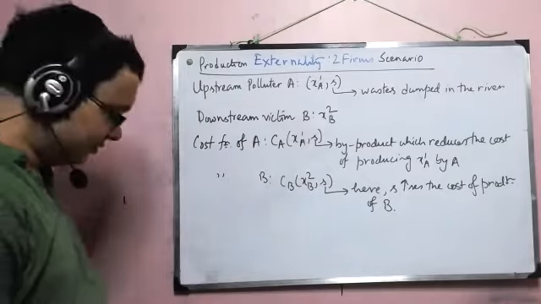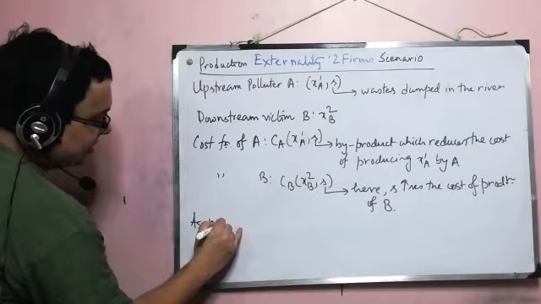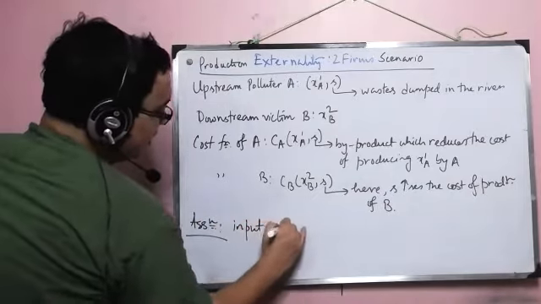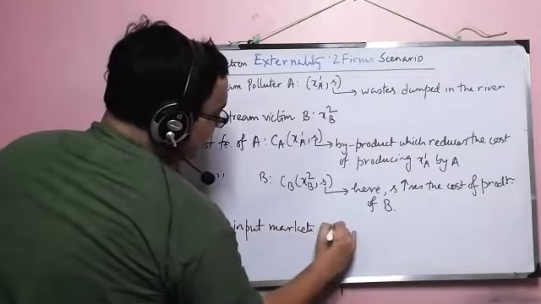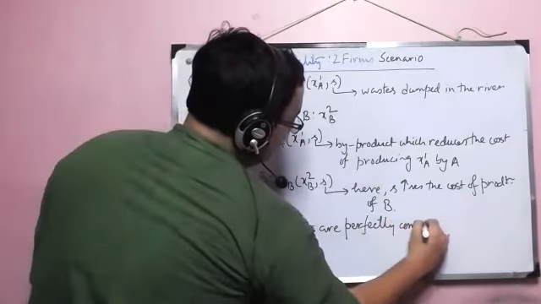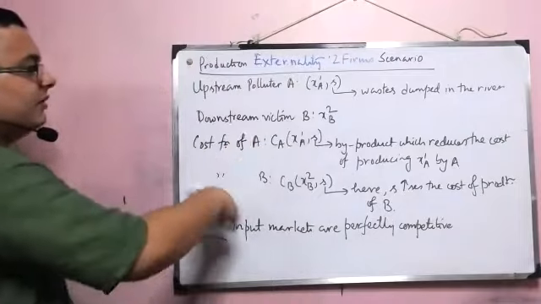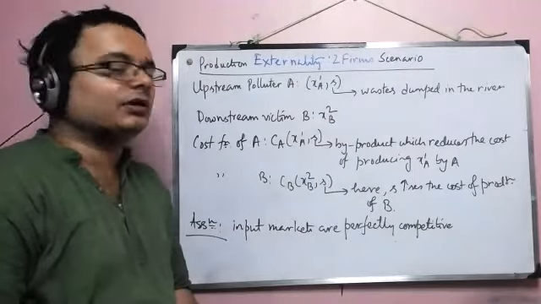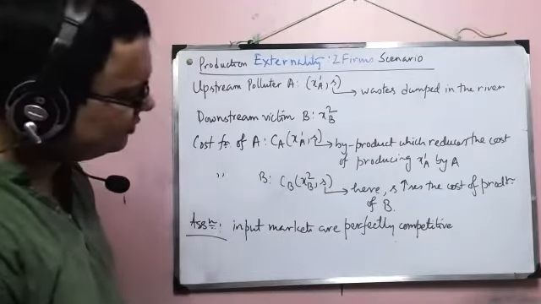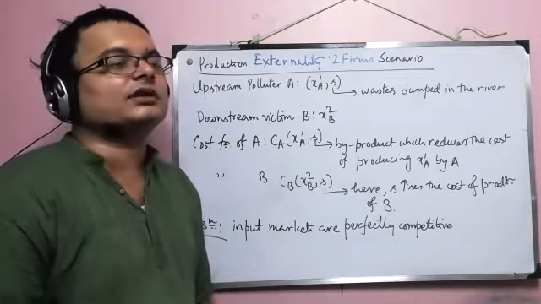Now, to simplify our problem, we'll make an assumption, and the assumption is that input markets are perfectly competitive. In the world that we have constructed, there are two farms only, A and B. After some point we'll be talking about two things: private marginal cost, or private cost, and social cost.